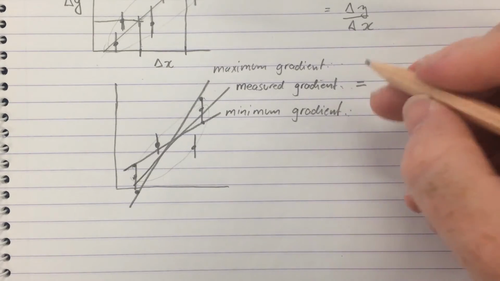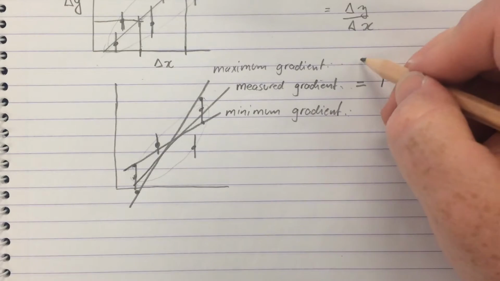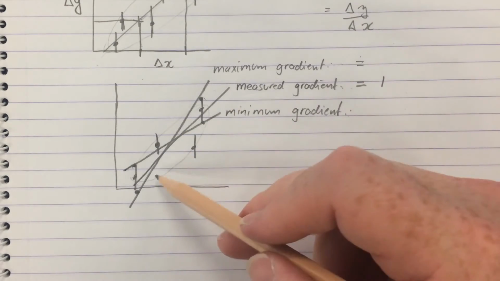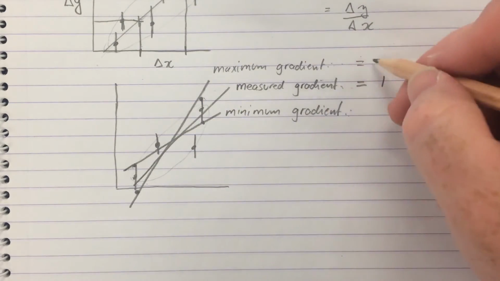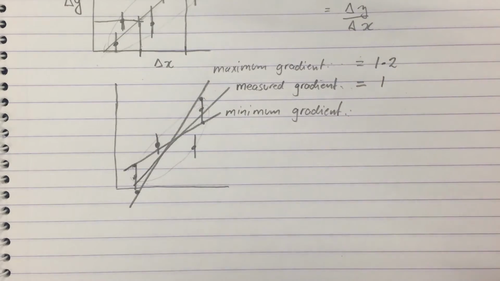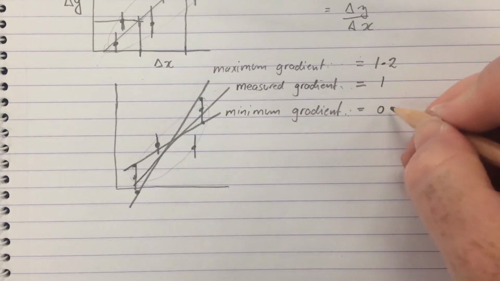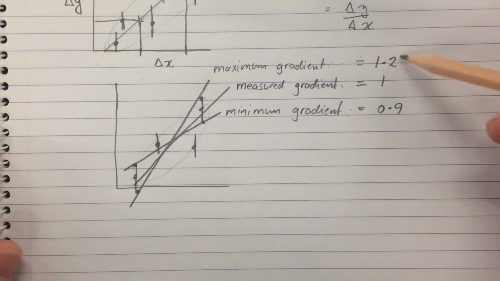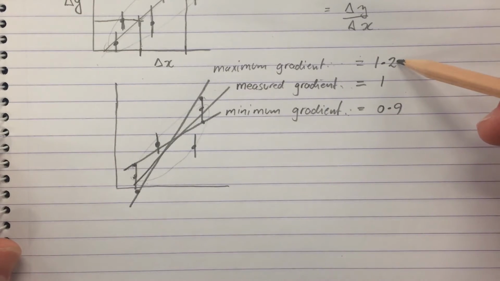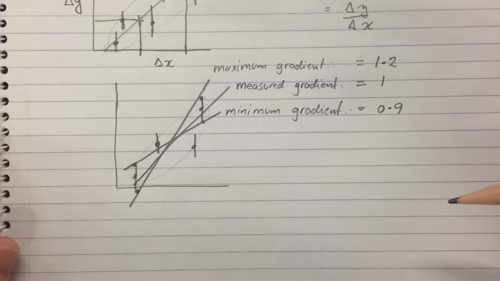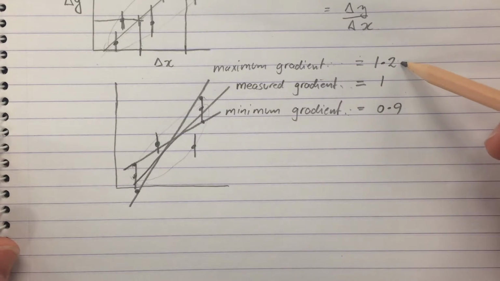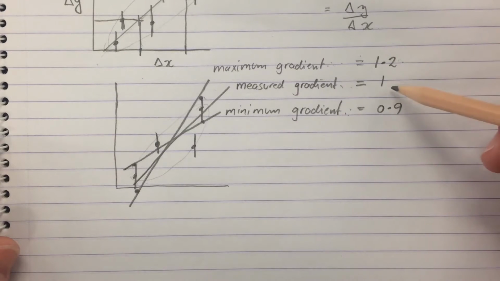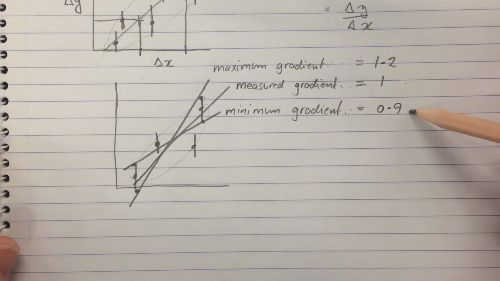So just to illustrate what I'm talking about, we'll do a little example. If we say that our measured gradient is equal to 1, and we calculate our maximum gradient doing rise over run and get 1.2, and we get 0.9 for our minimum gradient, then that will be fine. These two lines aren't necessarily going to be symmetrical around our measured gradient. So in this case, the maximum gradient is 0.2 above the measured gradient, whereas the minimum gradient is only 0.1 below the measured gradient.